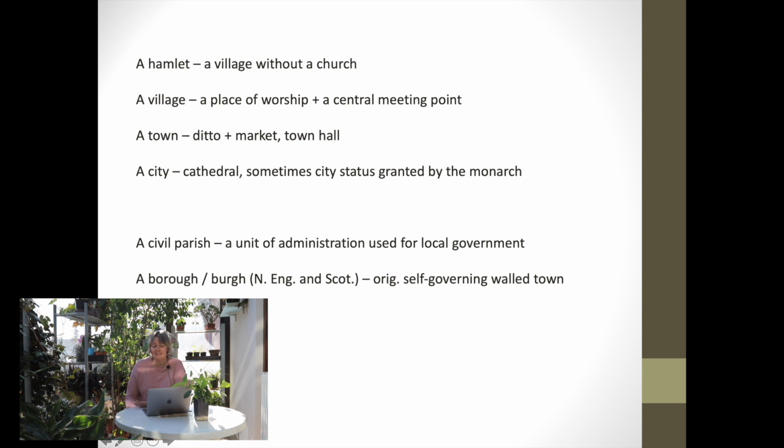Of course, a city is larger with many places of worship, meeting points, markets, whatever. Traditionally, to qualify as a city and not a town, you needed to have a cathedral.